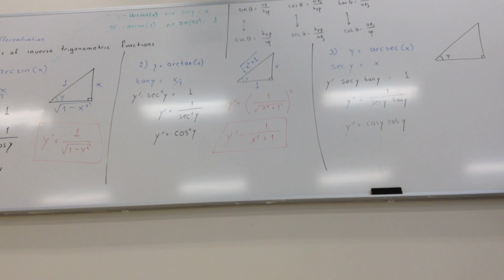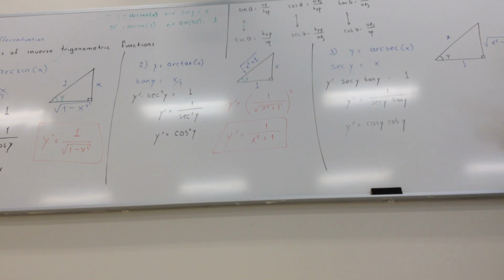The angle, what's secant? Hypotenuse over adjacent. So that side here is going to be square root of x squared minus 1. Okay?